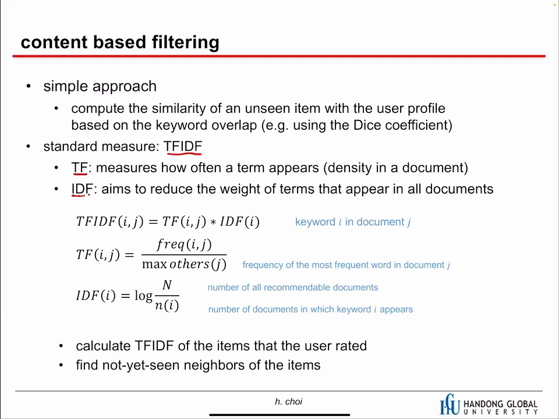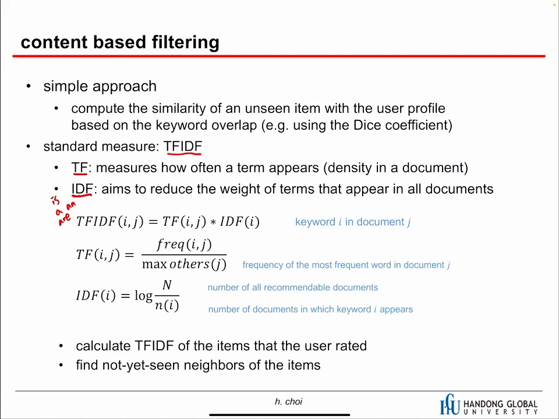So TF says if one term appears a lot in a specific document, then this term is important. But IDF says if this term appears everywhere in all documents, then this term is not important. Something like is, a, on, or are. These words are not important because they appear in all documents.